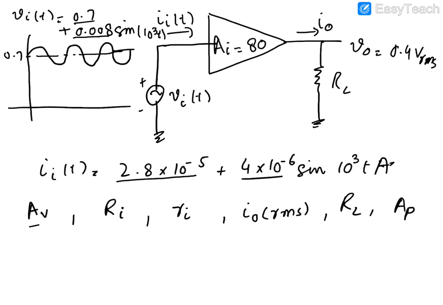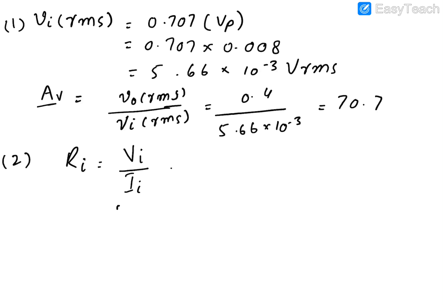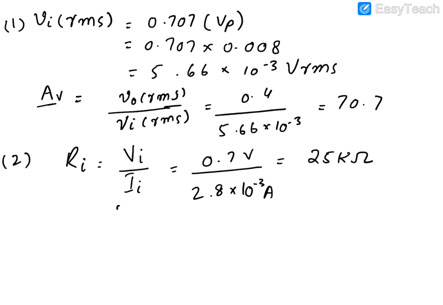There's a mistake. So R I is simply 0.7 divided by 2.8 into 10 raised to the power minus 3 ampere. This will be equal to 25 kilo ohms. This is the DC input resistance for this amplifier.